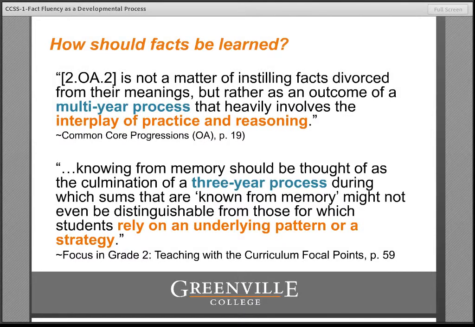Both quotes here also describe a process of learning facts that uses underlying patterns, strategies, and mathematical reasoning, not rote memory. To accomplish this goal will require a shift in practice for a fairly large number of teachers. So to see why the Common Core authors have suggested such an approach, we're going to take a quick look at a research study that is listed in the references of the Common Core.